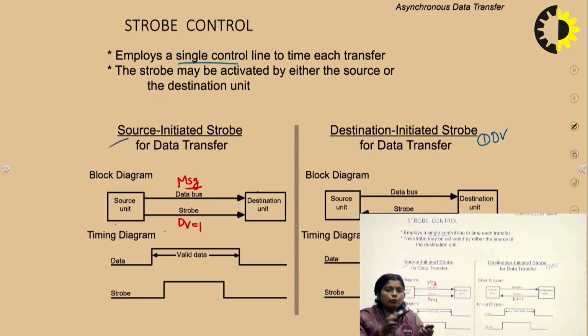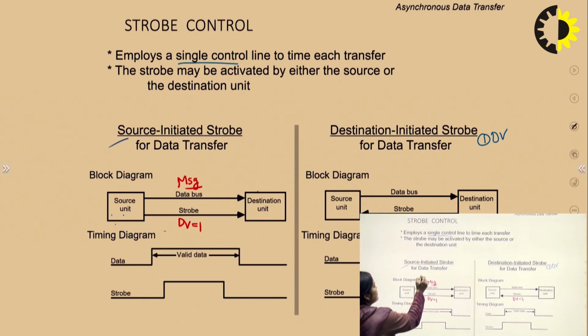Suppose two students are going to communicate with each other. The first thing is they say that I have some data and I want to communicate with you. The data valid line means that the particular device has some valid, meaningful data, and wants to pass the message to the destination.